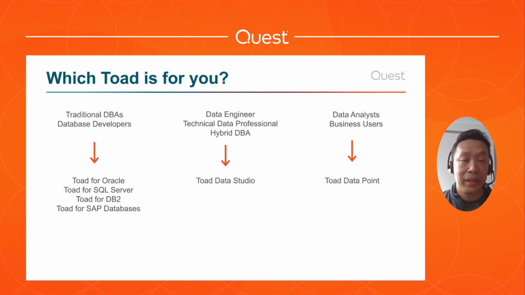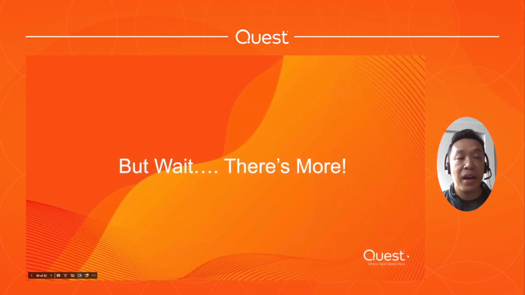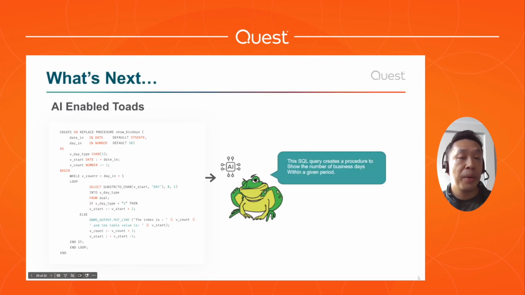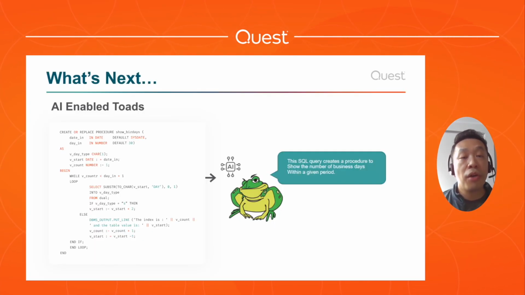All right, but there's some stuff I can talk about, our new upcoming features like our AI-enabled Toads. Toad for Oracle already has this capability. There is a Toad for Oracle that has AI capability inside of it that you can opt in for. It can look at your source code and give you feedback and explain to you in plain English what that code does.